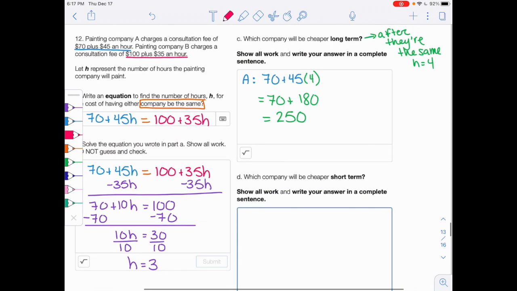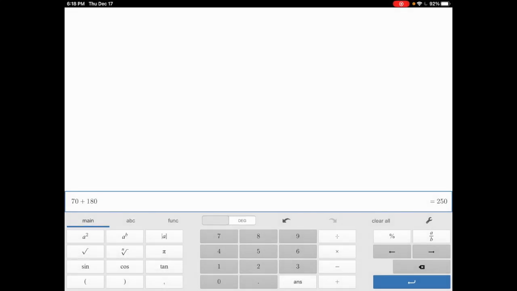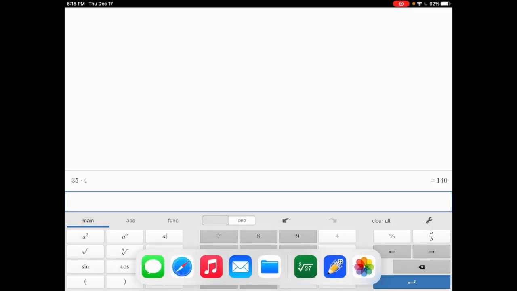Let's see about company B. That's going to be 100 plus, let's see, 35 times 4. 140.